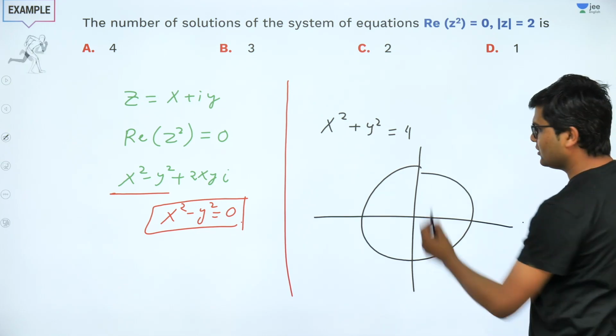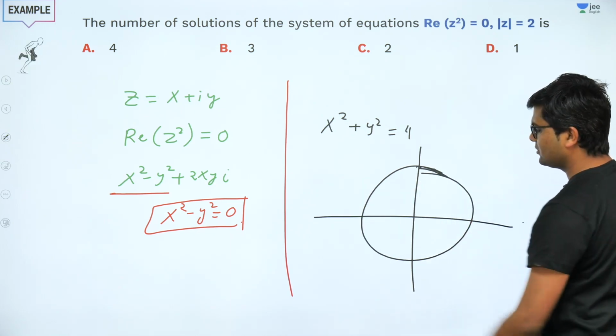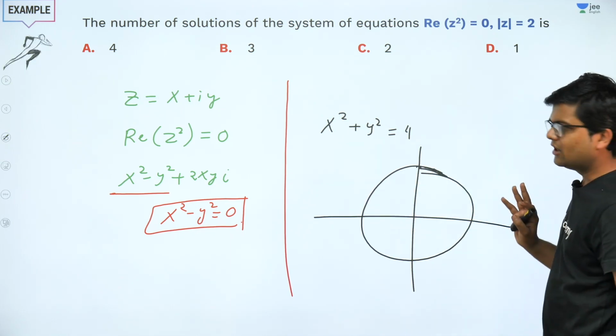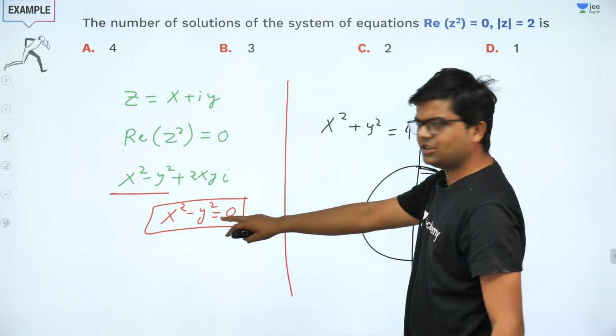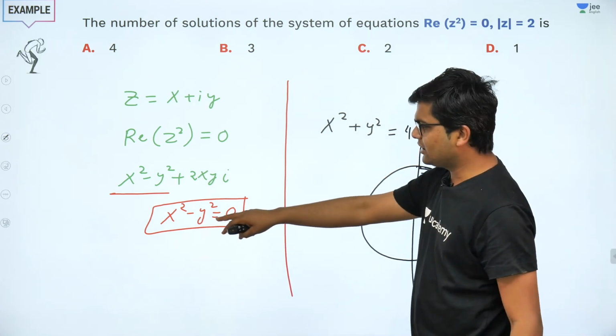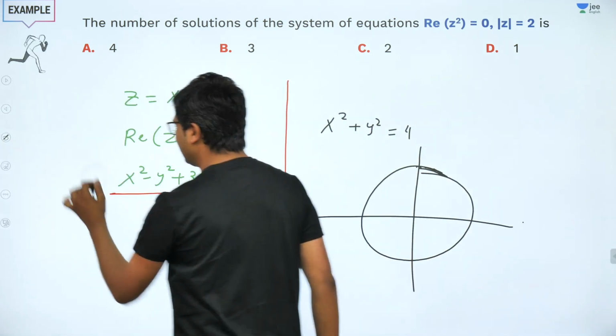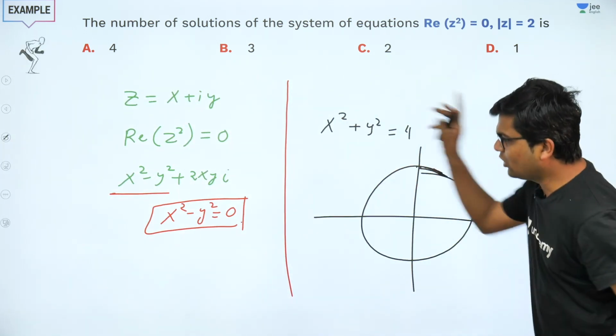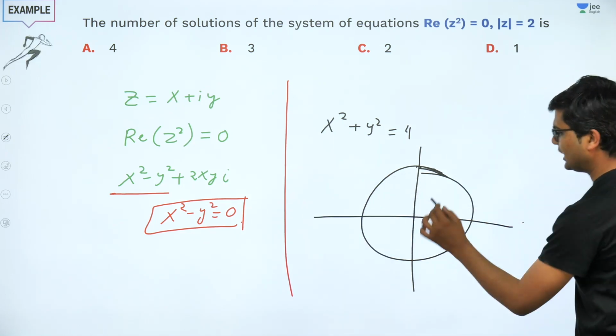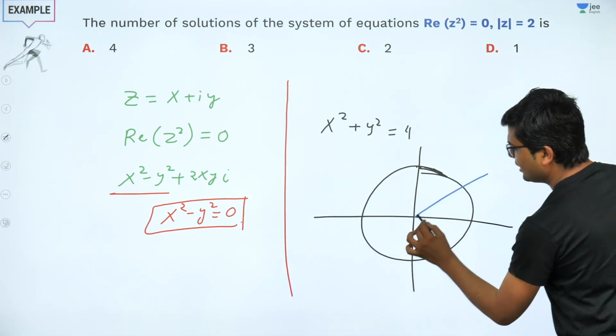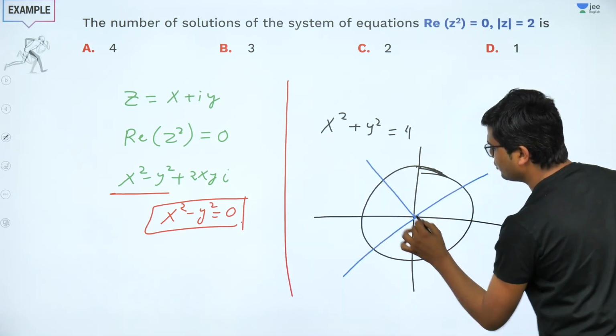That is a circle. And the other equation is the product of x plus y and x minus y. So z either lies on this circle or lies on these lines. These lines are y equal to x or y equal to minus x.